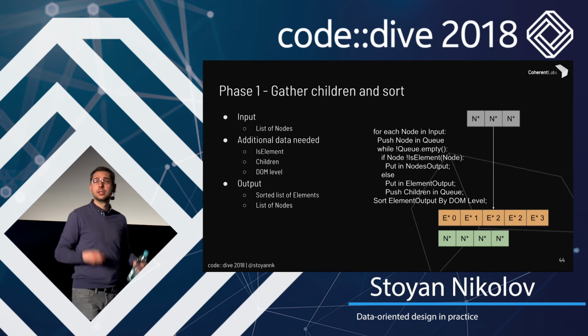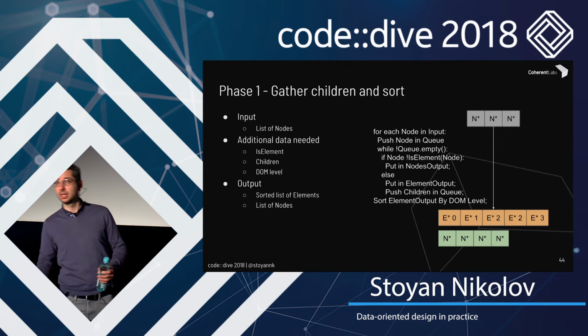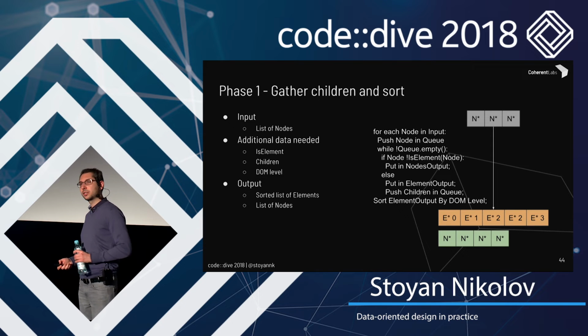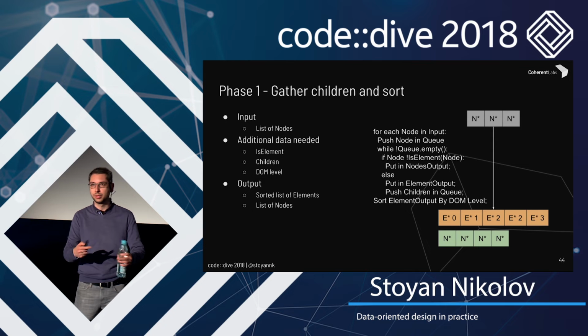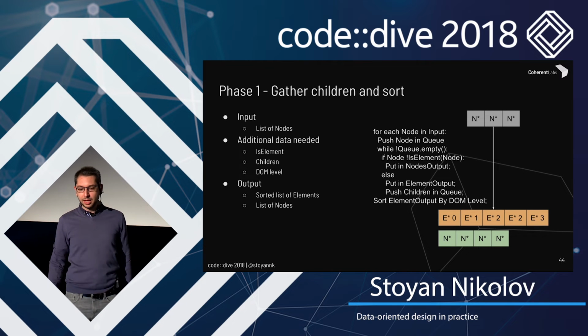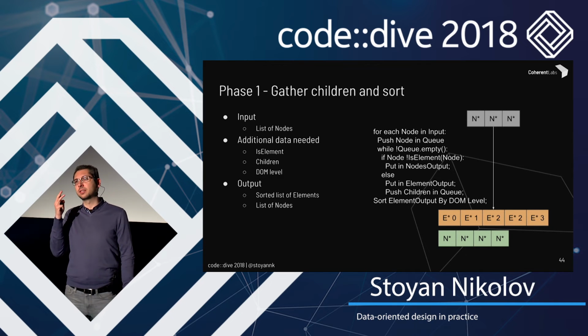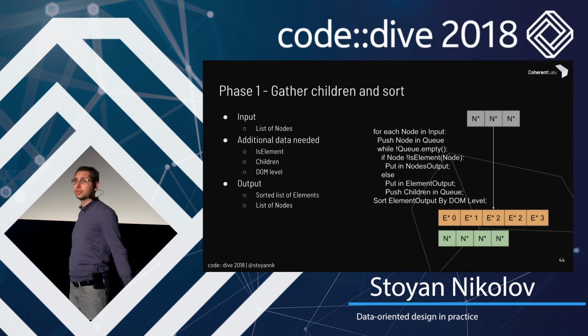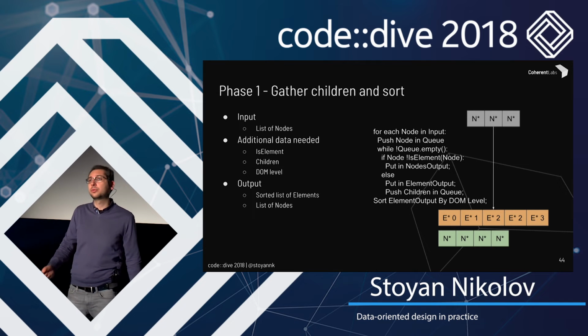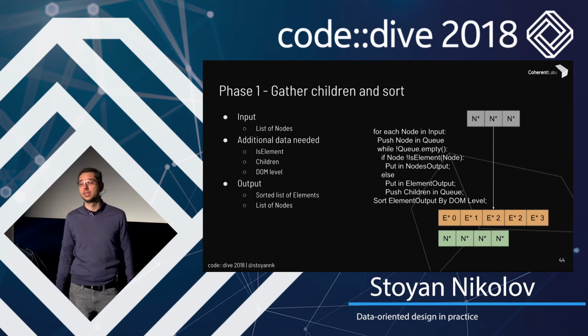And we know that the nodes are always leaves in our tree. So if we go first on the elements and then on the nodes, we're on the safe side. We don't have to sort between them. And we use just 3 pieces of data to gather all this information. We have to know if a node is an element, so in which array to put it. We have to know the children of each element. And we have to know the DOM level so that we can sort these arrays.